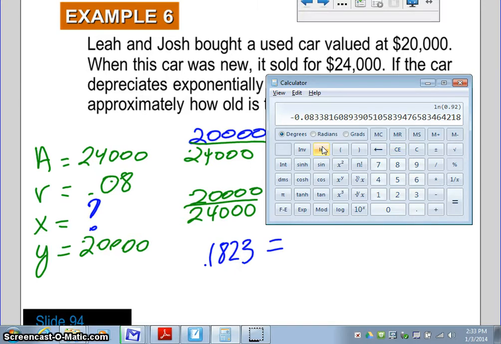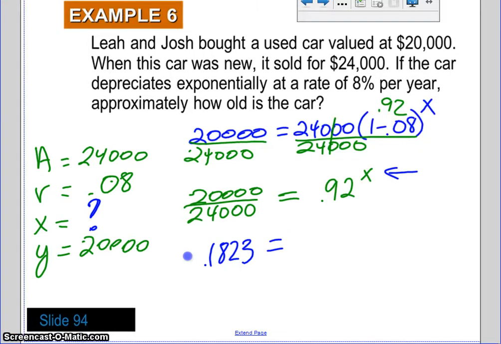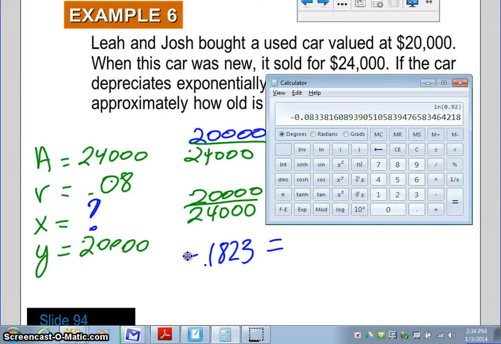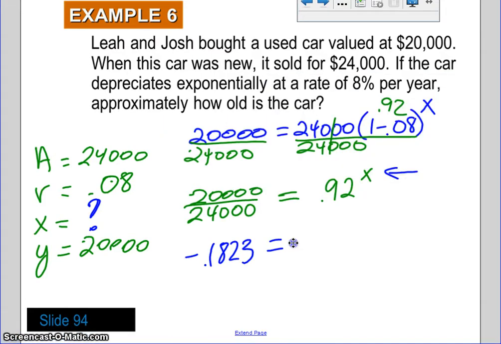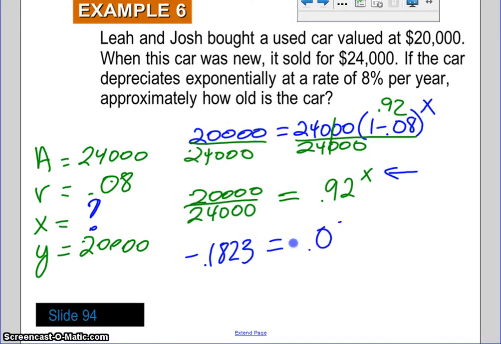It equals negative 0.0834. What happens when I take that natural log is it brings my x value down. Now I'm simply going to divide my values, and when I do that, I end up with 2.19 years. So the car is just a little bit over 2 years old.